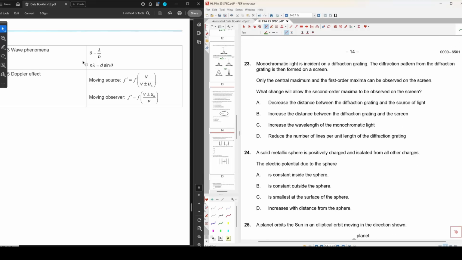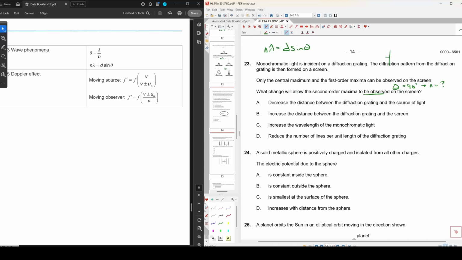Diffraction grating, the equation is right underneath it. Central maximum and can be observed. What can you see? Second order maximum. All right, so there's this whole deal. I don't really have to solve it all the way, but the deal with this is how many can you see? What you do is you say, if theta is 90 degrees, what's n?